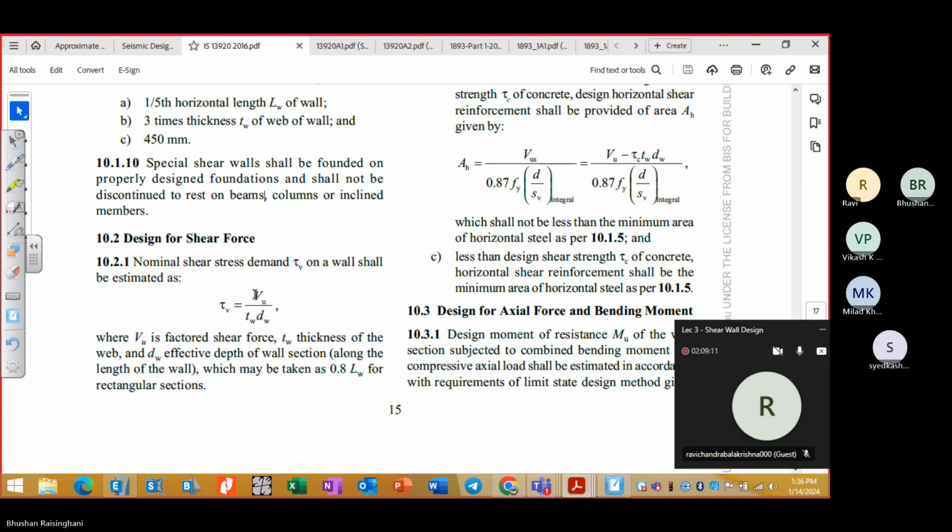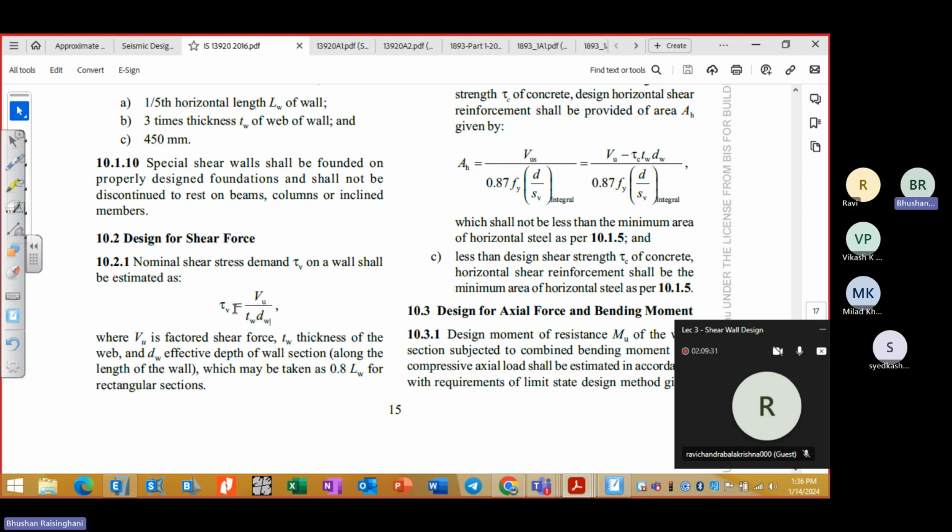Then the thickness of the wall and depth of the wall. Now the effective depth of the wall section may be taken as 0.8 times the length of the wall for a rectangular section. So if you are using a rectangular section, 0.8 times the length will come in dw.